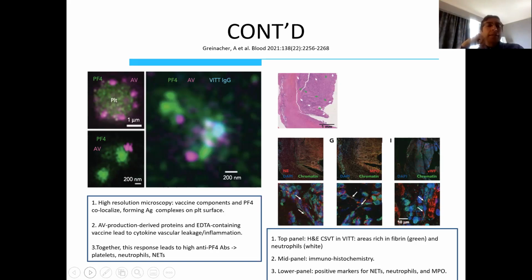What ended up being shown is that adenovirus-based vaccines co-localize parts of their compounds with platelet factor 4 on the surface of platelets. What you see depicted on the upper left part in pink is the adenovirus-derived compounds, and in green you see PF4 on the surface of platelets.